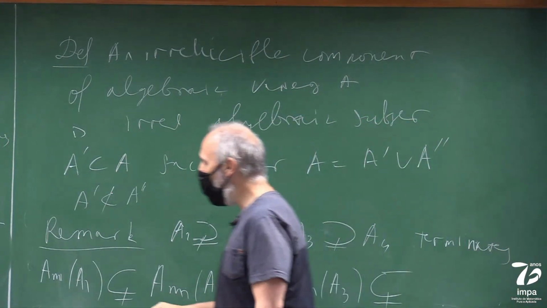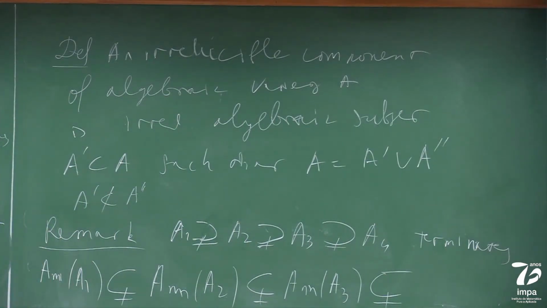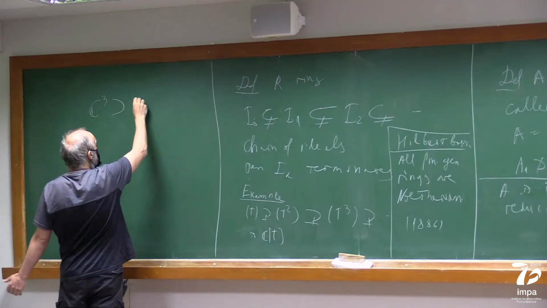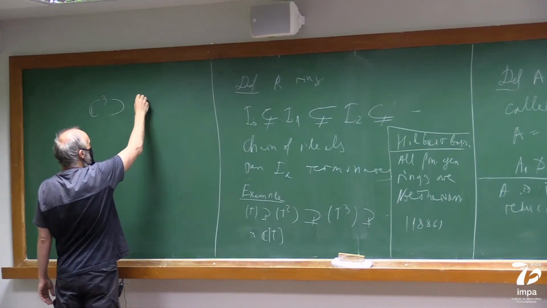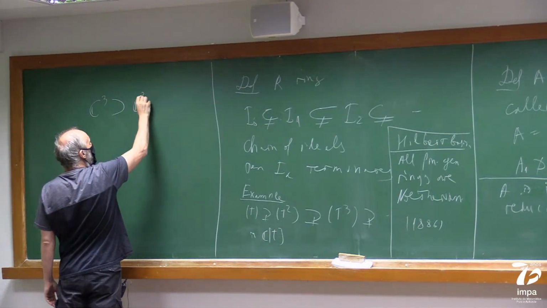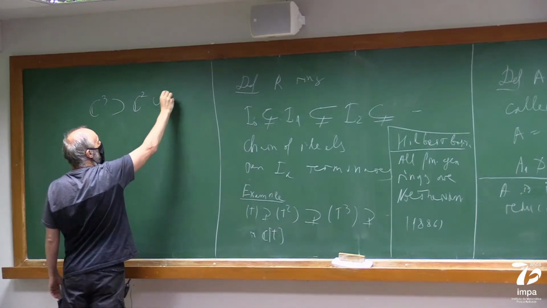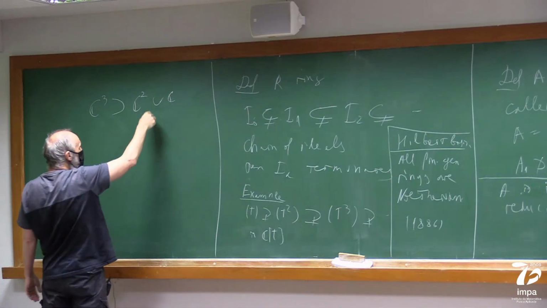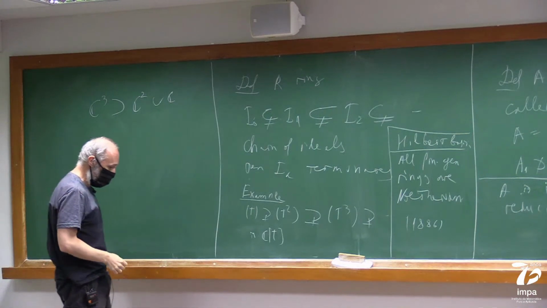So typically what you can geometrically expect is that you have something three-dimensional, say C3. Inside C3 you have something like two-dimensional, maybe two-dimensional plus one-dimensional. And inside that you have something even smaller.